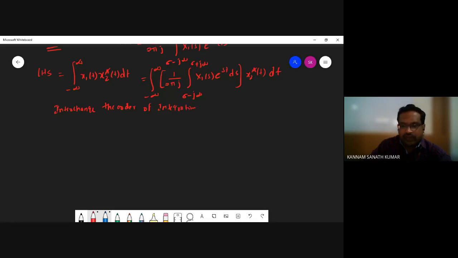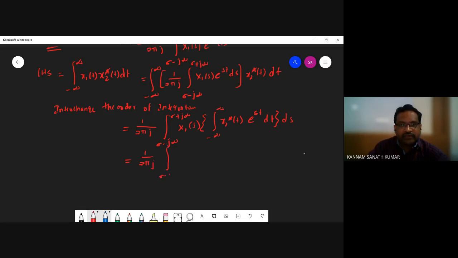If you interchange the order of integration, what you are getting: 1 by 2 pi j integration sigma minus j infinity to sigma plus j infinity x1 of s, integration minus infinity to infinity x2 star of t e power st dt, into ds.